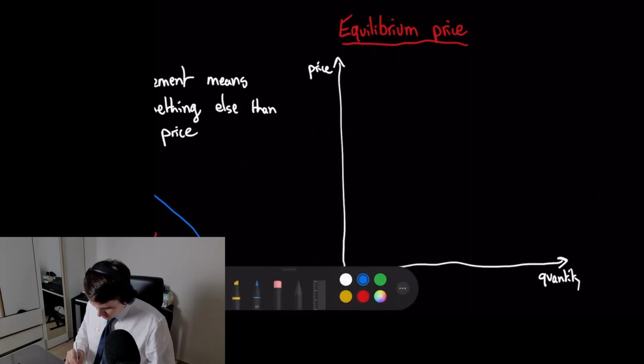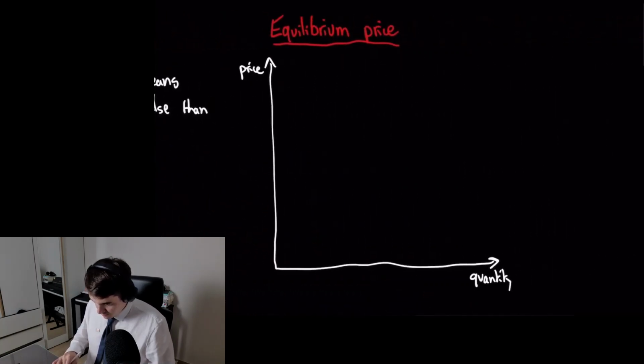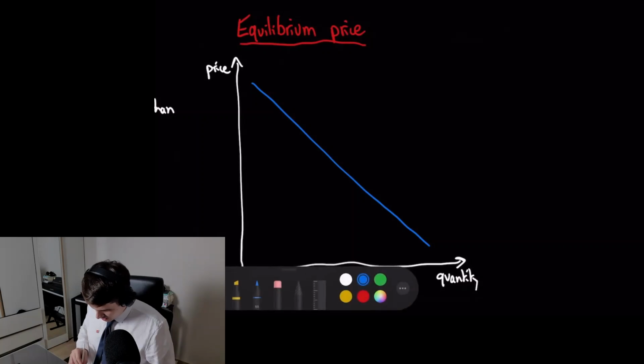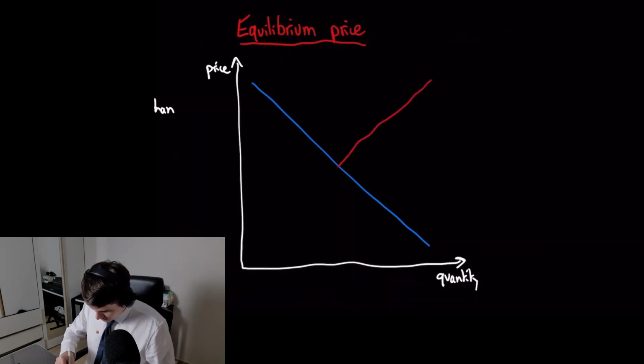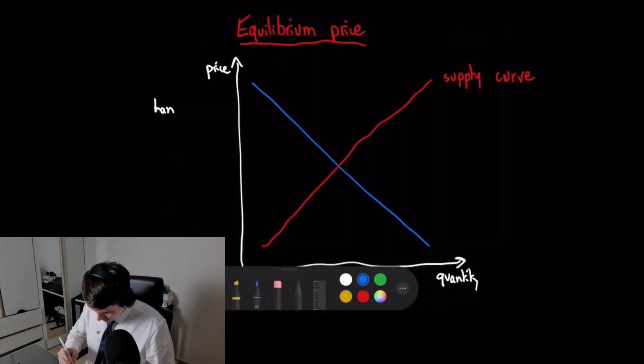This time I'm going to use blue for my demand curve and red for my supply curve. Now you can probably guess where this is going.